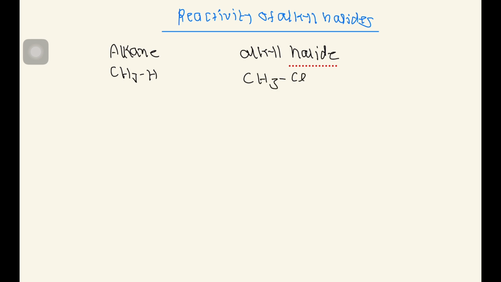Now you know very well Cl is more electronegative. So here partial negative and here partial positive. So in alkyl halide you can say this is polar and this is non-polar. So which one is more reactive?